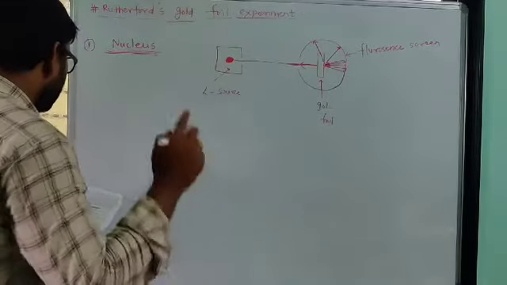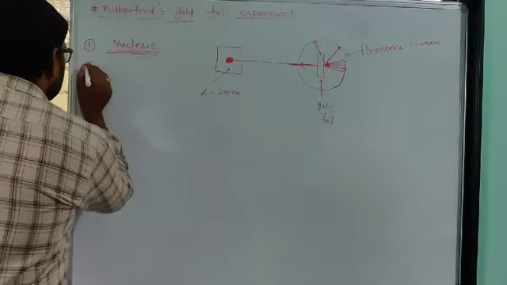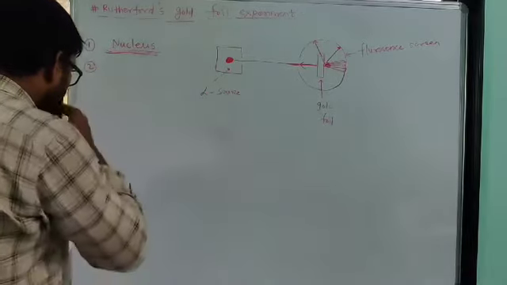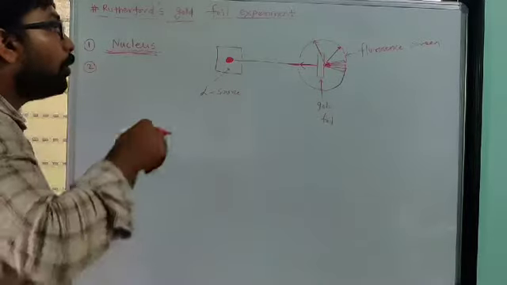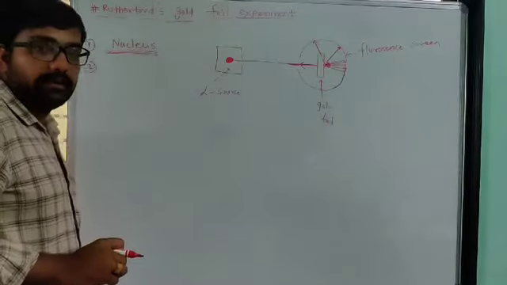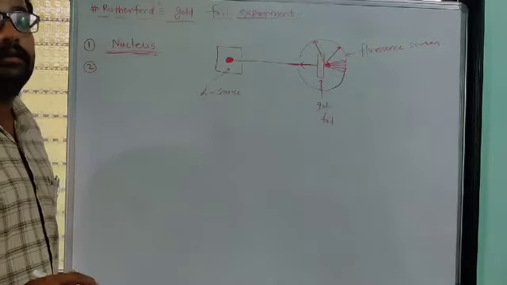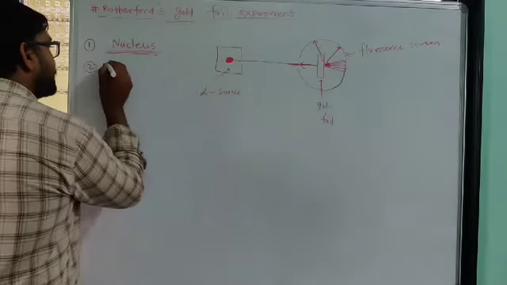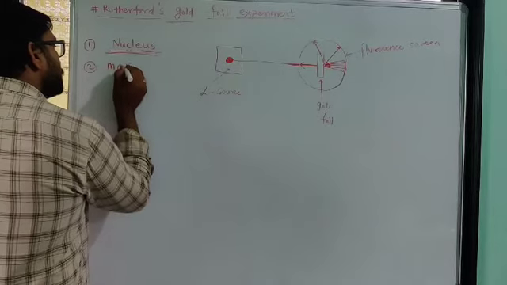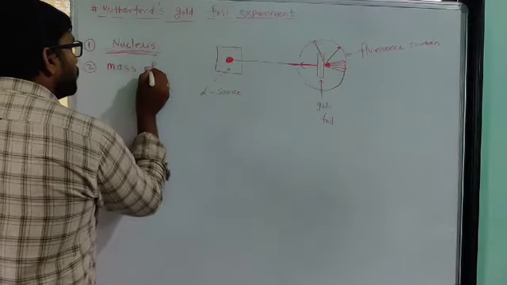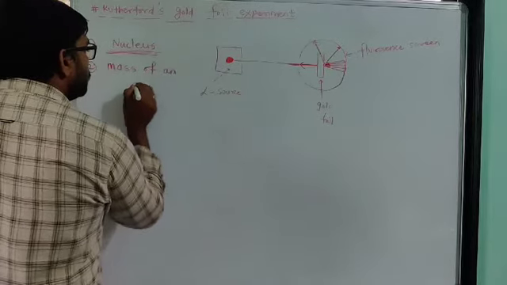Then his second prediction is that the whole mass of an atom is gathered at the center. So the second prediction is about the mass of an atom.